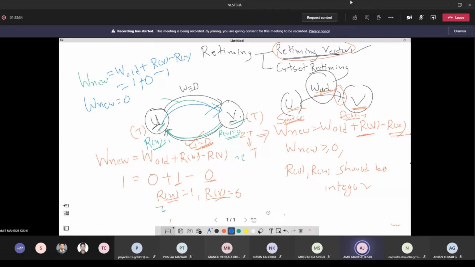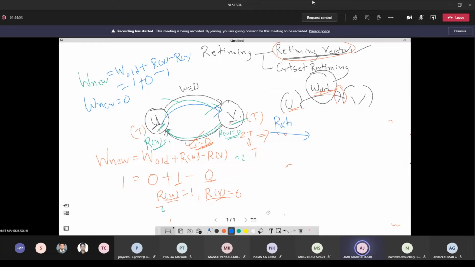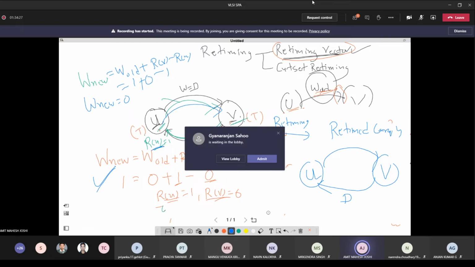So what this says is that if I want to apply a retiming concept and do a retime graph, in a retime graph I have a U, I have a V, where through this equation I consider that I want D over here. With this retime value consideration, I apply this for this particular edge, and the W new which I got is 0.